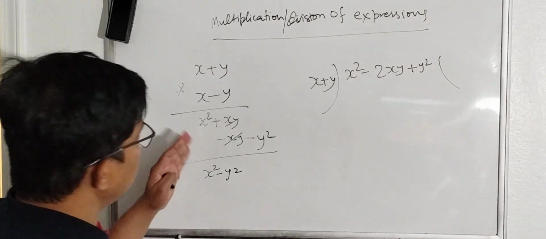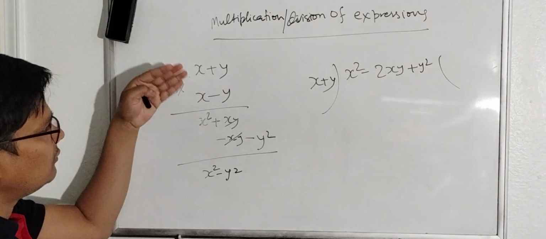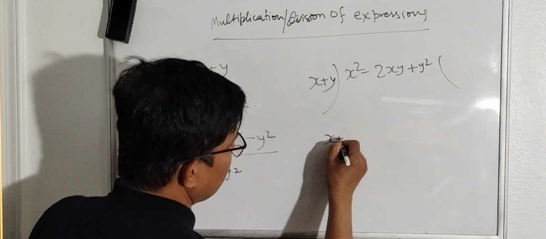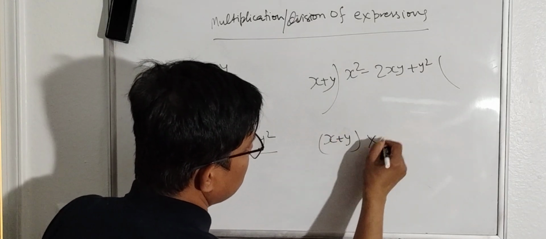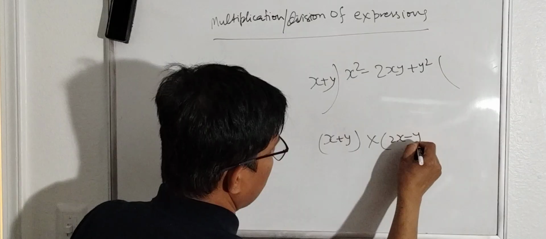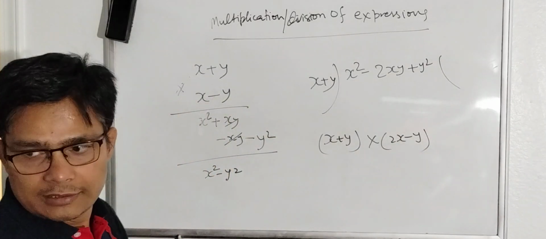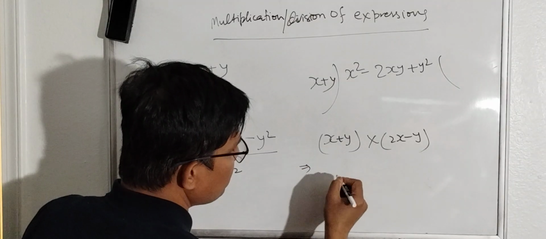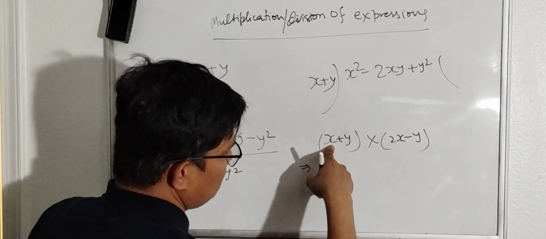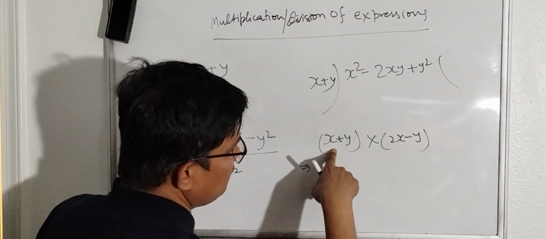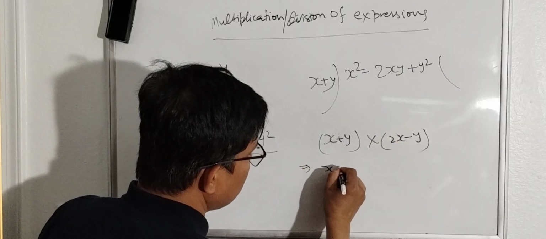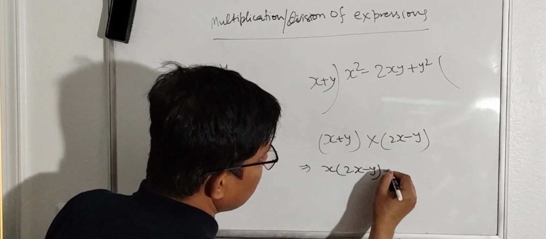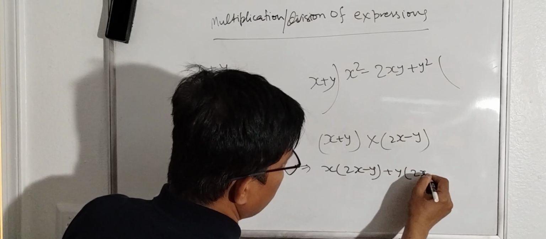Okay, so this is one way, where you have the expression vertically. Now let's say I write it like this: x plus y, times 2x minus y. You can also write it like this, and it's the same approach. I will multiply this x to both terms of 2x minus y, and then plus y to both terms of 2x minus y.